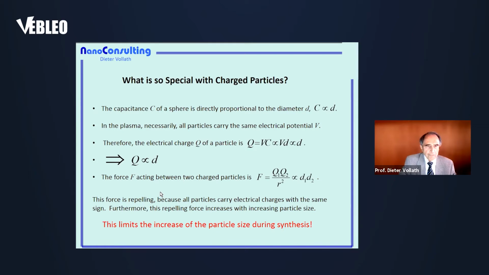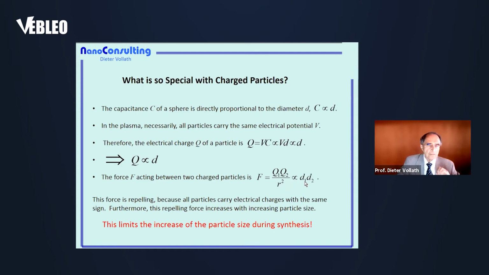Now, the force acting between two charged particles is equal to the product of the electrical charges of the particles divided by the distance between the particles squared. Lastly, the force between two particles which are going to collide and agglomerate is proportional to the product of the diameters.